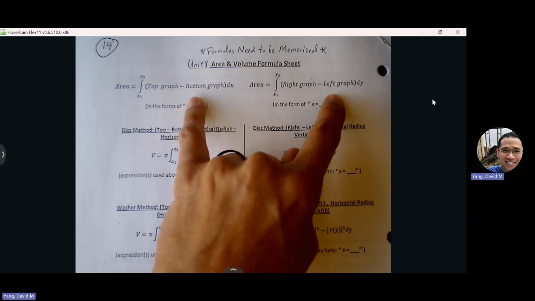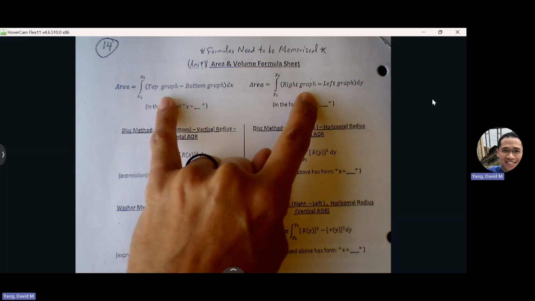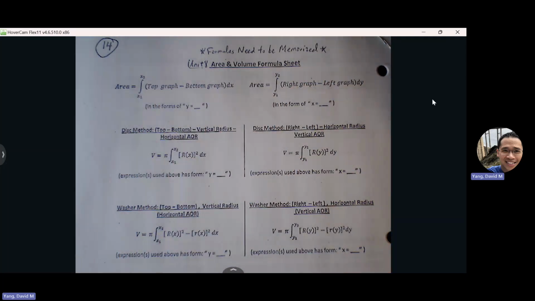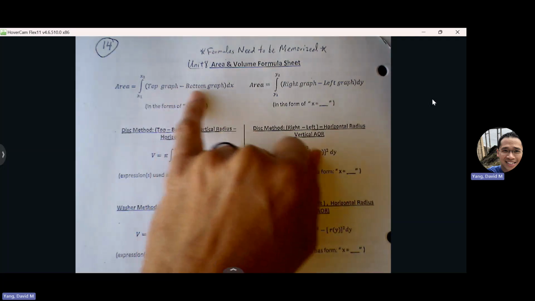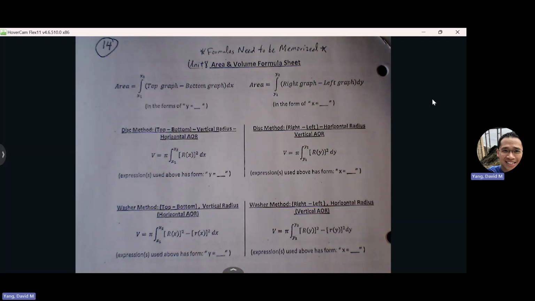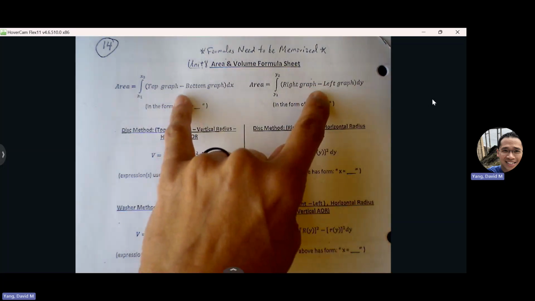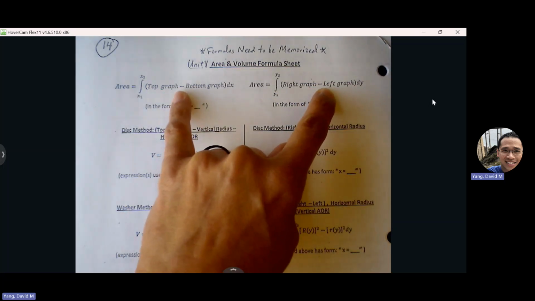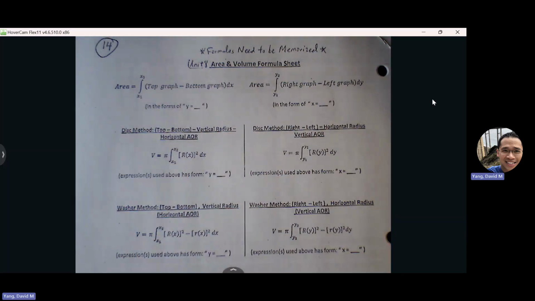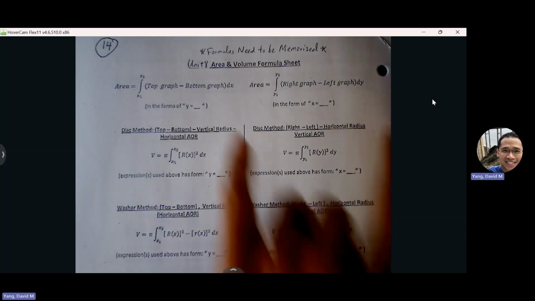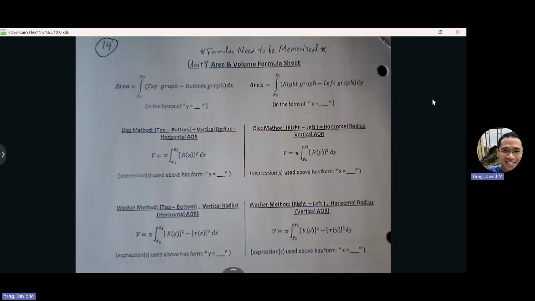But your area is going to be simpler because it's just a two-dimensional calculation. So it's just top minus bottom, and that's it. There's no square, there's no pi in front, and it feels a little bare compared to volume, and it should be because it's not a three-dimensional calculation. So just keep that in mind. Those are the mistakes that I see sometimes with area.